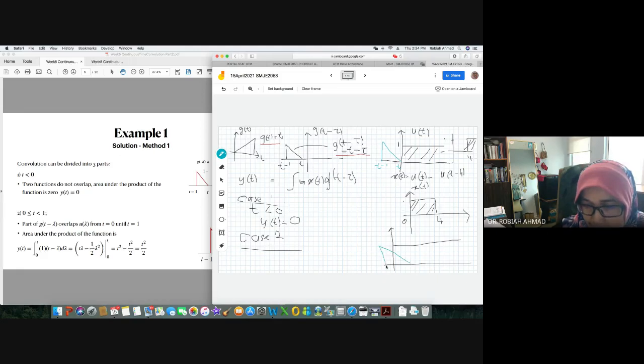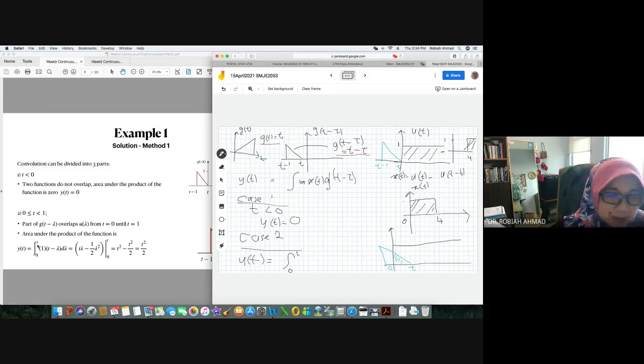If we look at its limit, it will be 0 to t. Okay. So to find the value y(t), we know the equation is integration. So the integration here is from 0 to t based on this overlap figure.